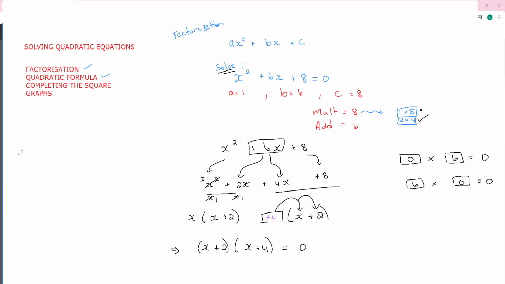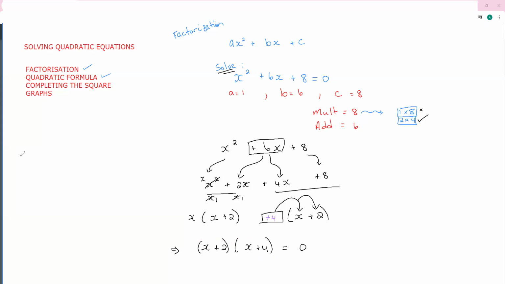Right? So it's either or. So that means either this will be equal to 0, or this will be equal to 0.